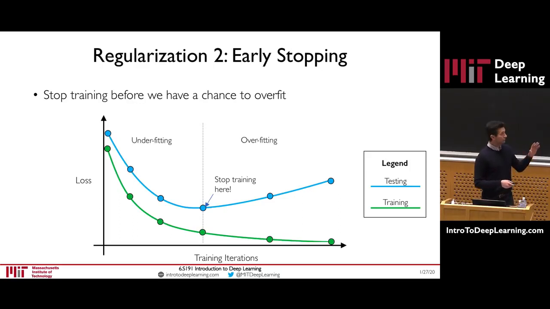And of course, if we look at the left side of this line, that's where our model is underfit. We haven't reached the true capacity of our model yet, so we'd want to keep training if we hadn't stopped yet. On the right side is where we've overfit, where we've passed that early stopping point, we've started to memorize some of our training data, and that's when we've gone too far.